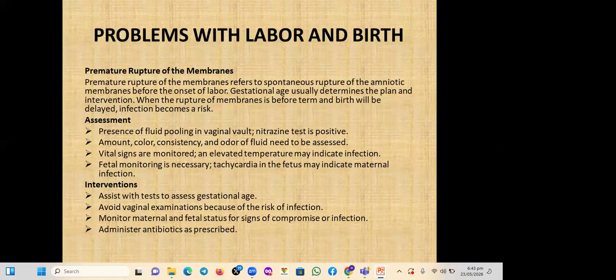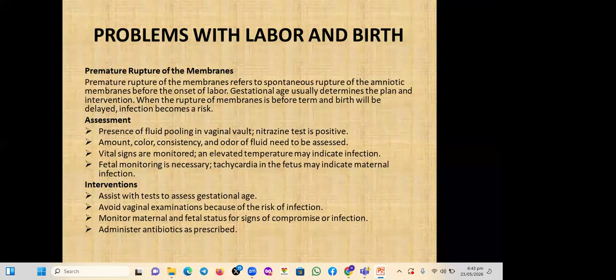What will help you know that it is amniotic fluid is that the color of the nitrazine paper has to change to blue. So when you have a blue or a blue-green change, it tells you that it is amniotic fluid.